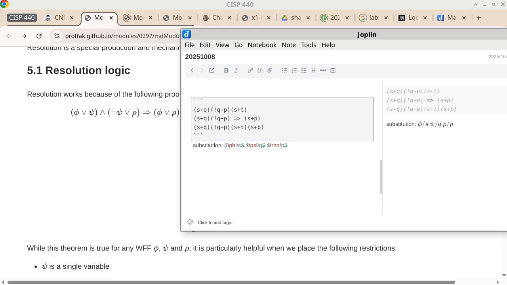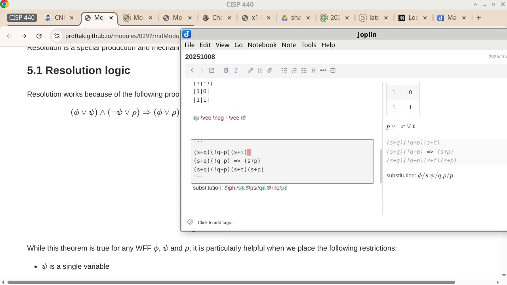Let me say that one more time. If I tell you ahead of time that this is known to be true, don't ask me why, we have some additional steps to prove that.